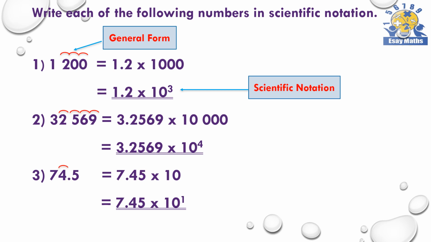Now I am moving to the easiest way. Is 74.5. The decimal point is after 2 digits. Then to obtain 7.45, you should shift the decimal point 1 time to the left hand side. Then the answer is 7.45 into 10 to the power 1.